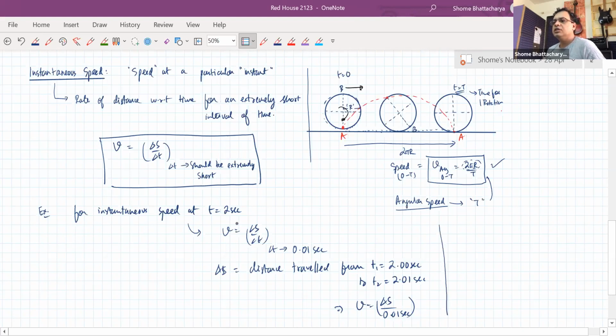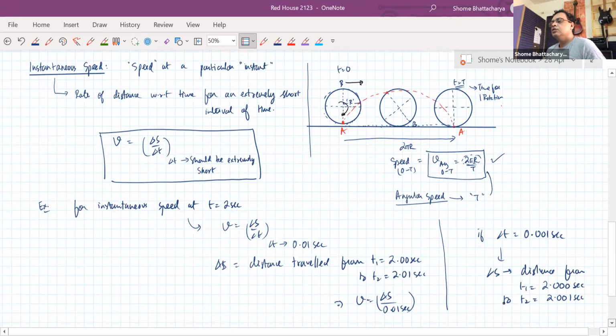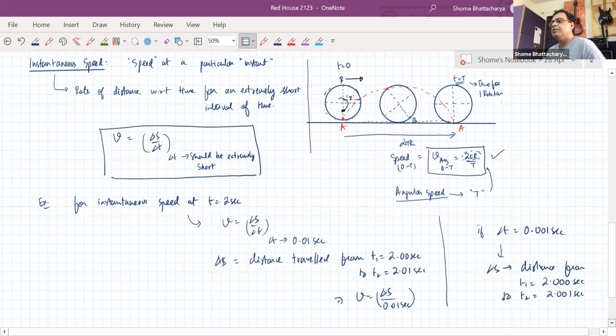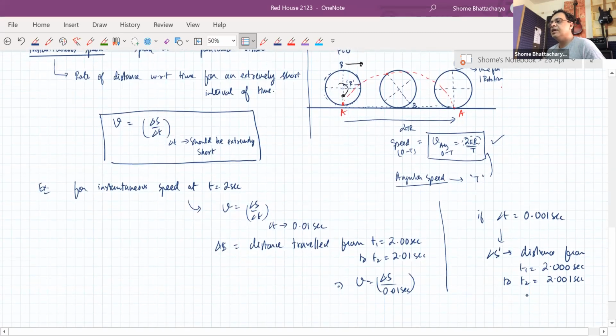But if somebody else is doing the same calculation, but takes delta T as 0.001 seconds, then for them delta S would be the distance from t1 equal to 2.000 seconds to t2 equal to 2.001 seconds. Let's say it's delta S prime. So they would have calculated the instantaneous speed as delta S prime divided by 0.001 seconds.